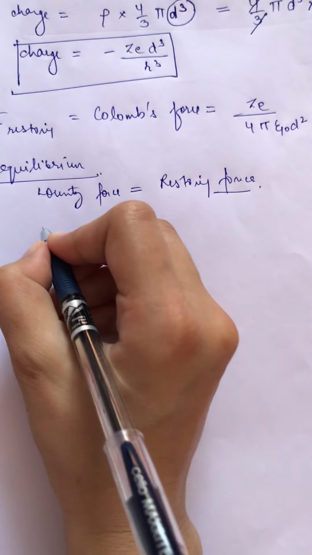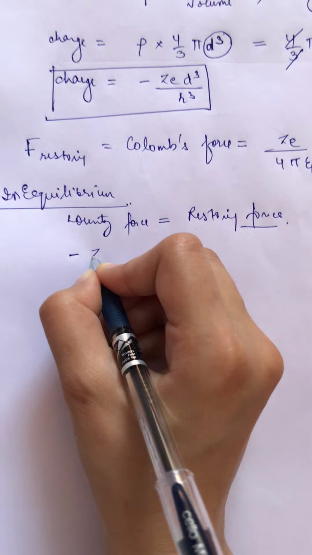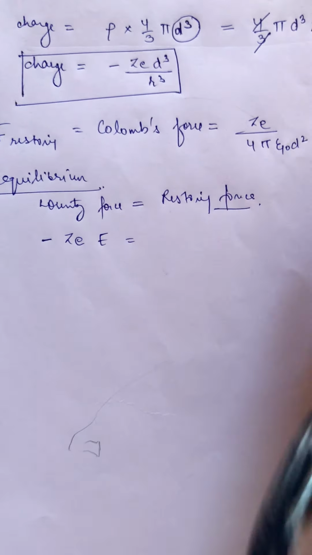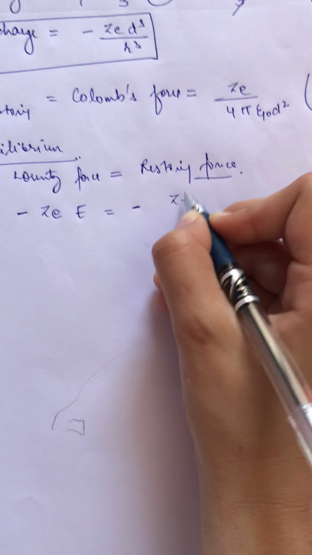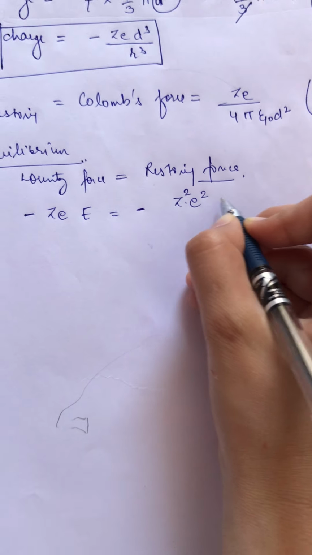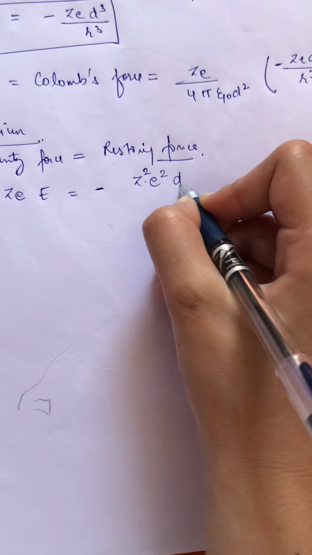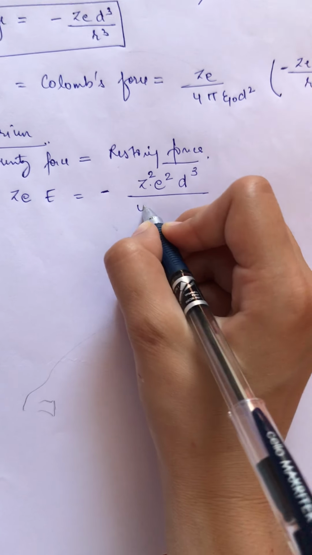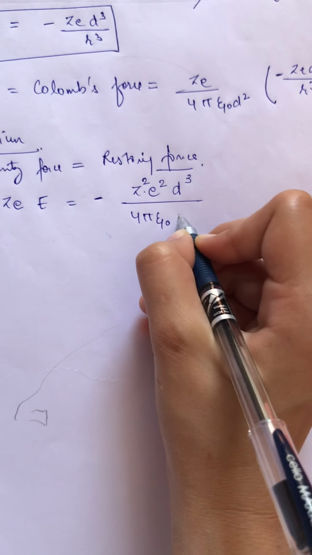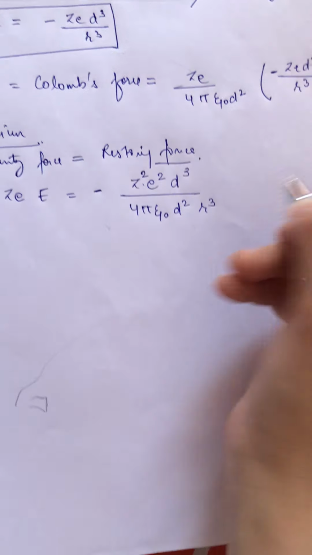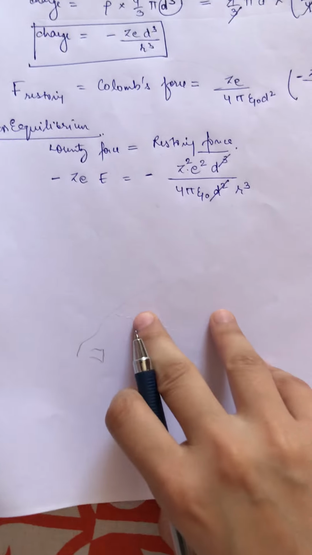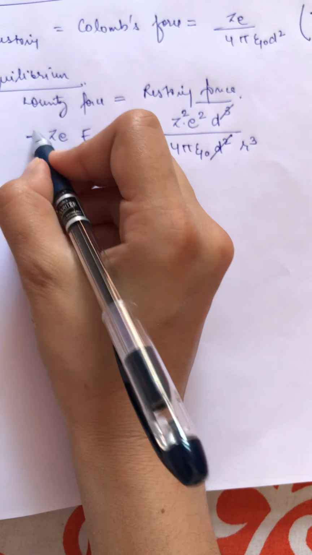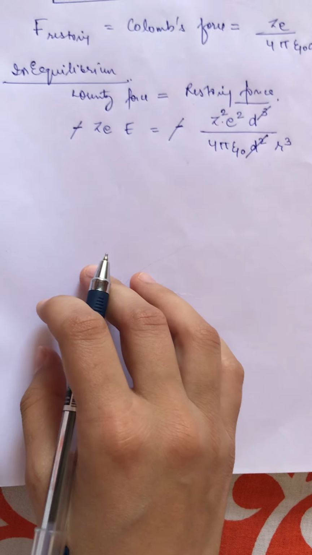So this becomes, Lorentz force was minus Ze into E, and this restoring force is minus Z square e square d cube upon 4 pi epsilon naught d square r cube. Now we will further solve this equation, and this minus will get cancelled with this one.